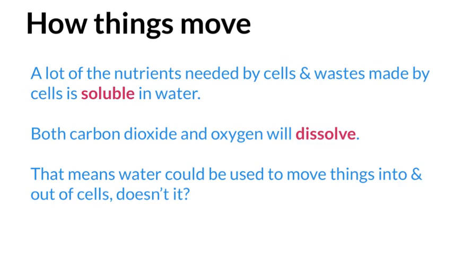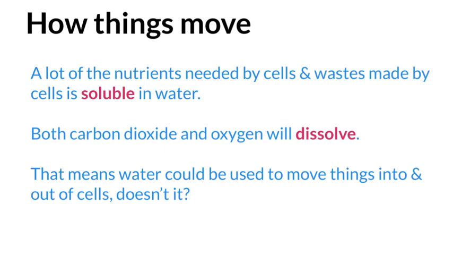Now, the important thing here is that we know, like us, cells need nutrients coming in and they need to be able to remove wastes. Now, most of the stuff that comes in and goes out, as it says here, is soluble in water. In other words, they can move into the water and move with the water.